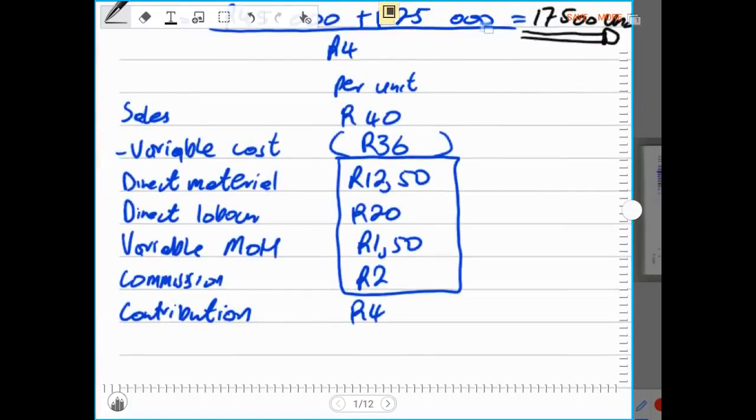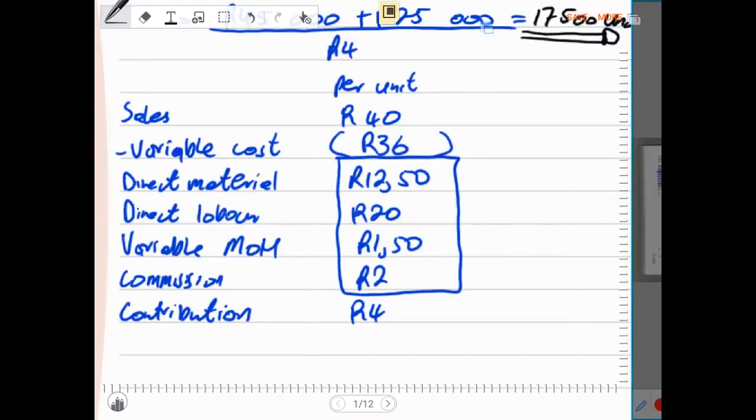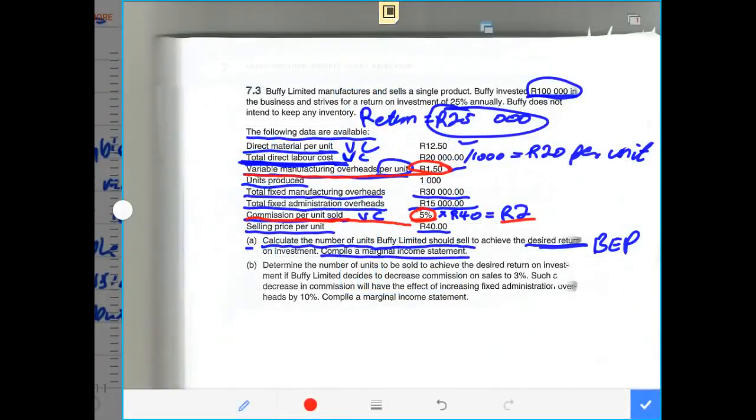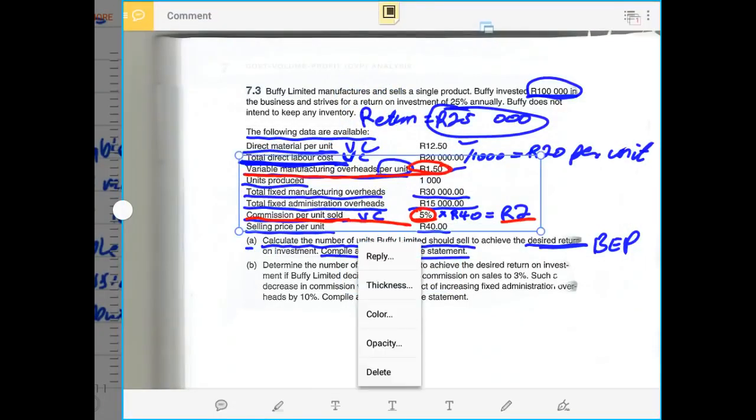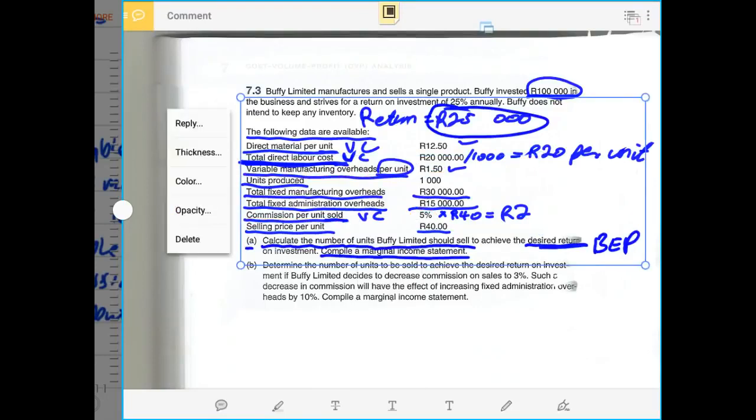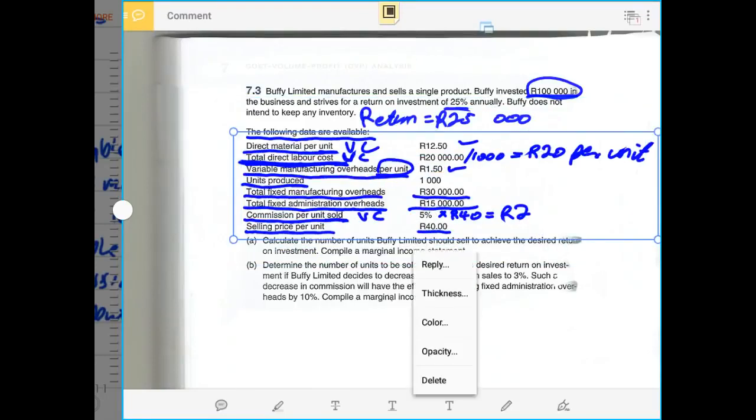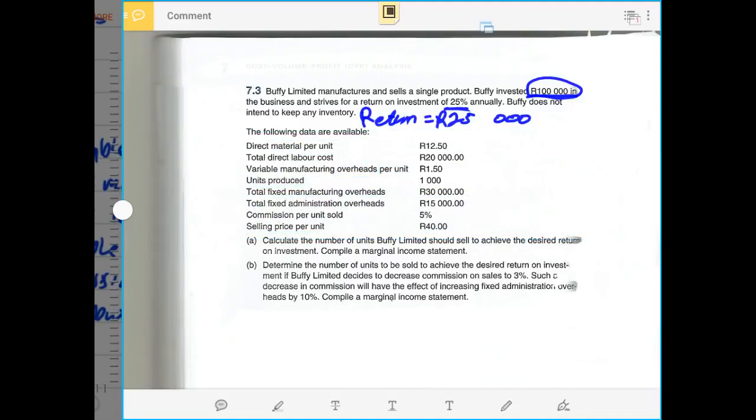Remember, we were required to compile the marginal income statement. We must not be ignorant of that. When we are doing the marginal income statement, it is sales minus variable cost, then after that we subtract all the fixed cost. In the income statement that we are to do, the only part that is missing is to take into account the fixed cost.